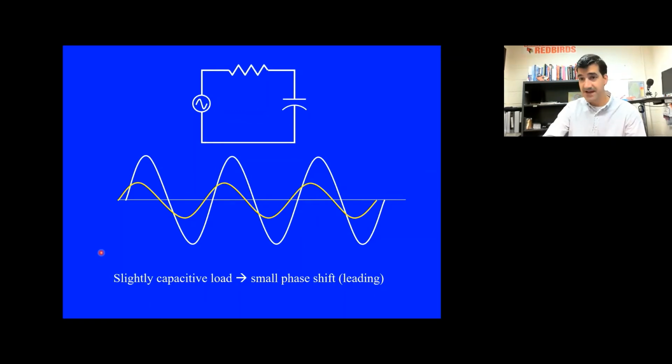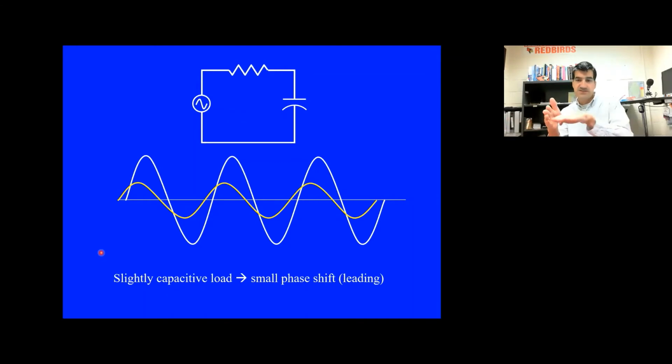We talked about capacitors today. If we have a slightly capacitive load, that means the capacitor is small relative to the resistance. So think about that triangle where the resistance is large and the reactance is small. If the capacitance is small, then the reactance is going to be small.